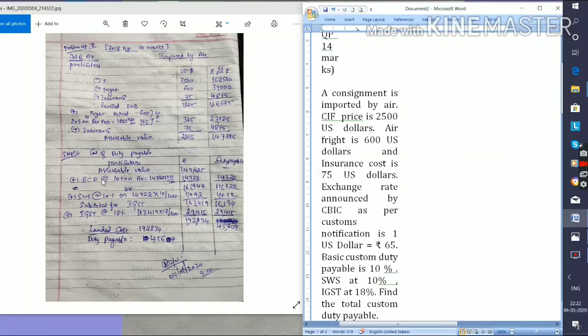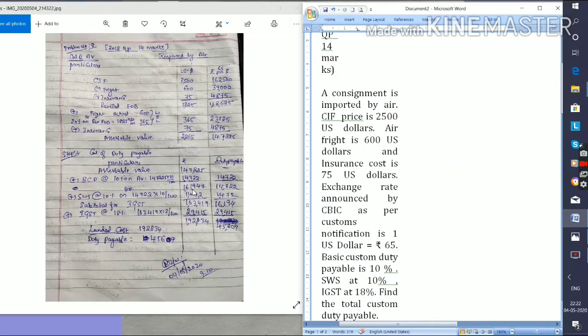Plus BCD, basic custom duty, at 10% on assessable value: 1,47,225 into 10% is 14,722. Take this amount in both columns, the rupee column, which is for landed cost, and the duty payable column, 14,722.